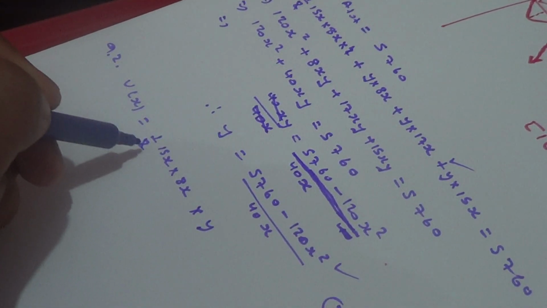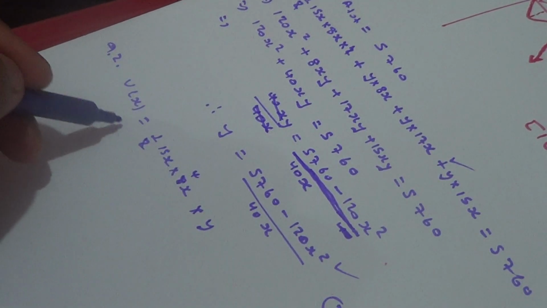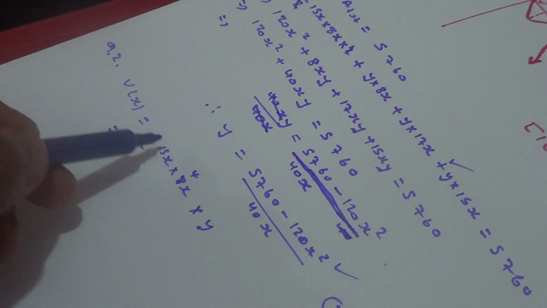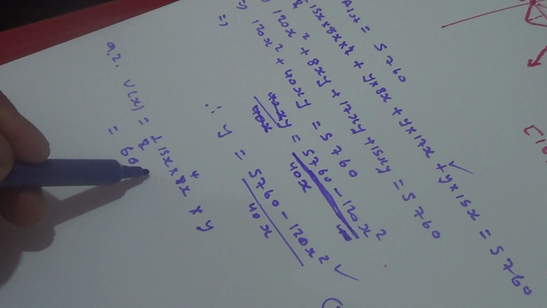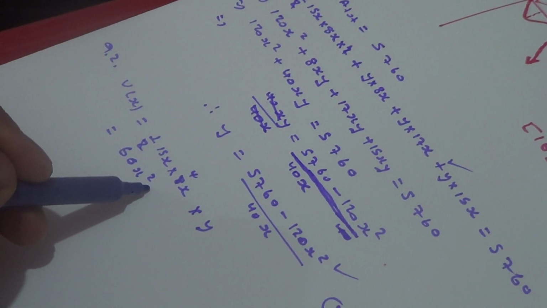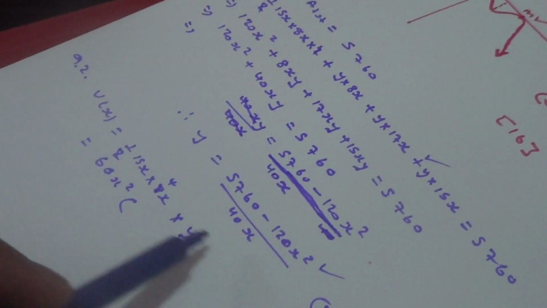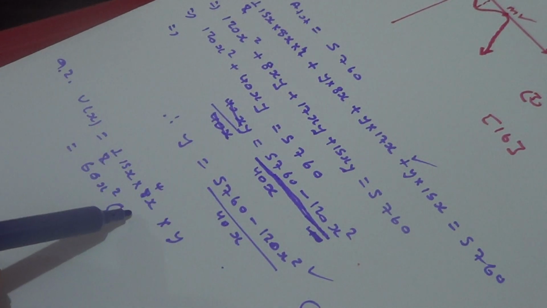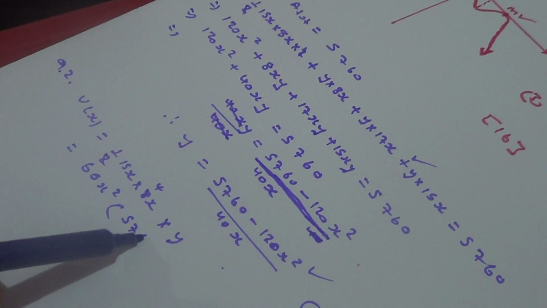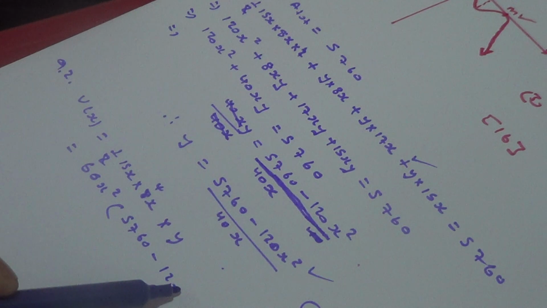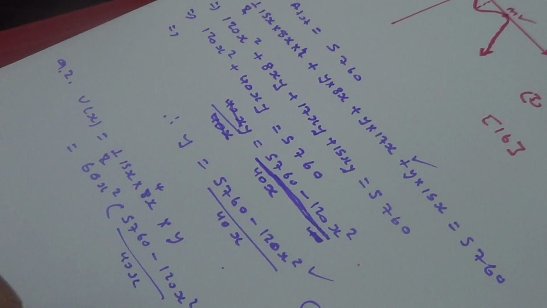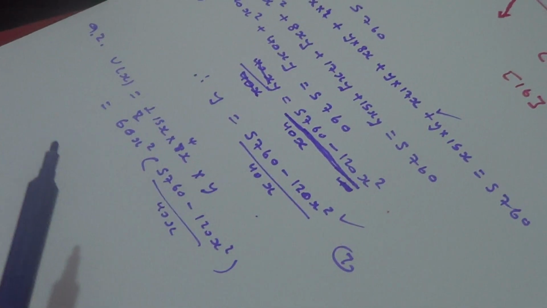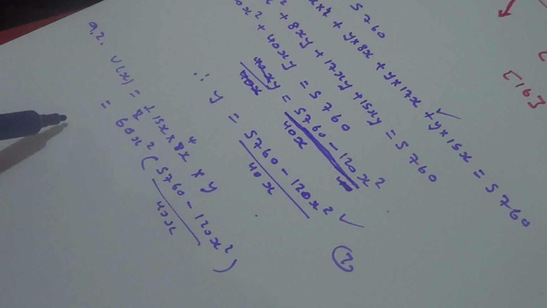And we know that this 2 and that one cancel. So what do we have here? 15 by 4 is 60x squared. Now, instead of y, what did we find y to be? It is 5,760 minus 120x squared all over 40x. So we just substitute for y over there.